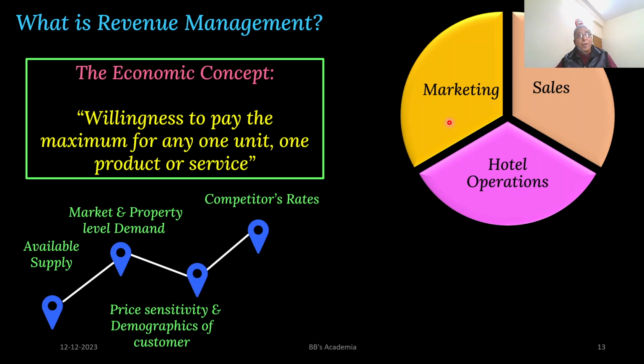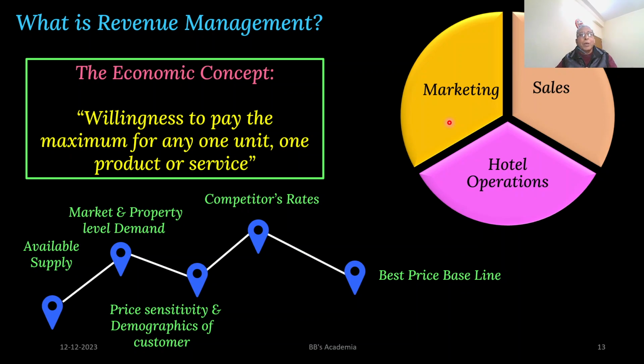Then competitors' rates. You cannot ignore your competitors. They are your challenges, so naturally you have to look at the competitors' rates. That has to be taken into consideration while applying revenue management. And finally, after considering all these points, you come to a best price baseline for your organization.